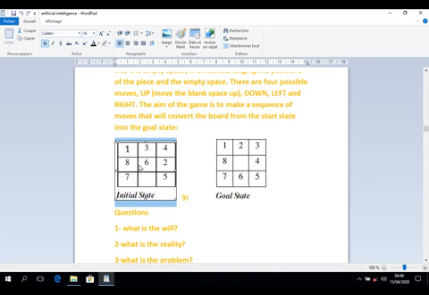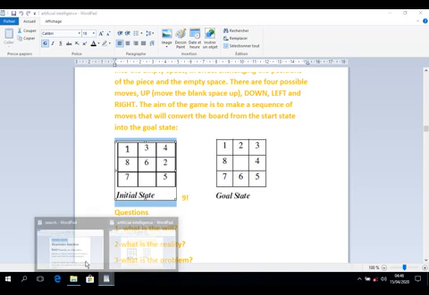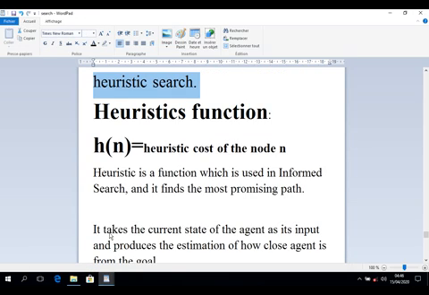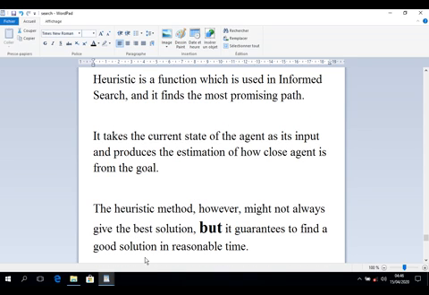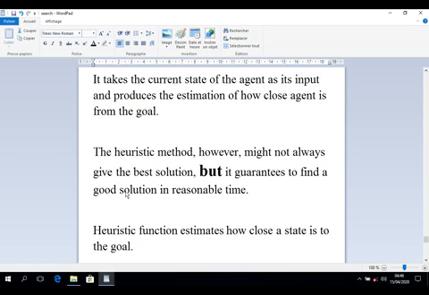So more about the heuristic function. It is a function used in informed search, and it finds the most promising path. It means that from this current state, the heuristic function will tell us which node we should expand, which node is the most promising node to reach the goal faster.